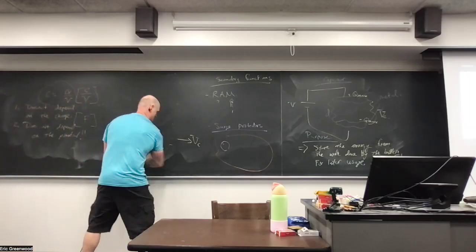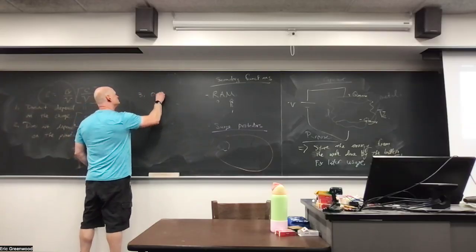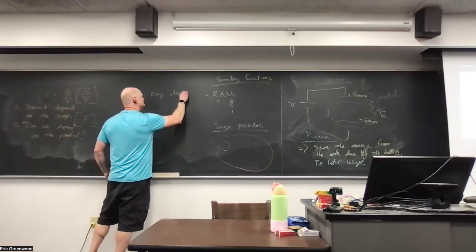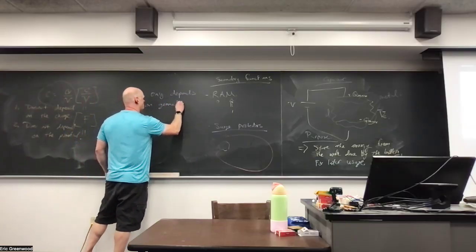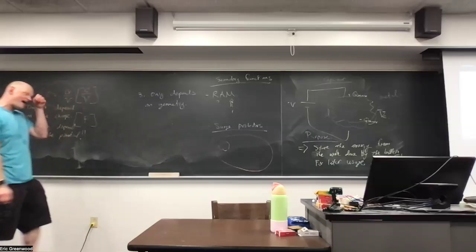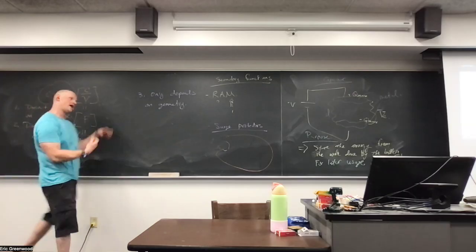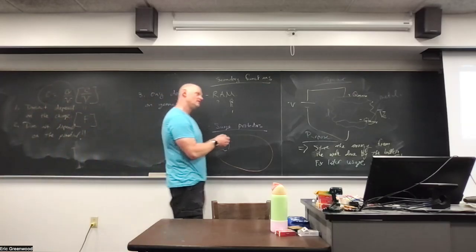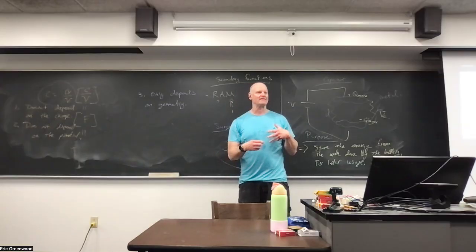And the last thing that's true is that capacitance only depends on geometry. The only factor that actually comes into the capacitance is the geometry of the capacitor, which means that to change the capacitance, at least at this stage, the only way we can do that is by changing the geometry of the capacitor.